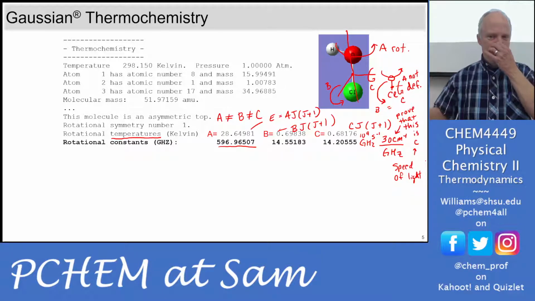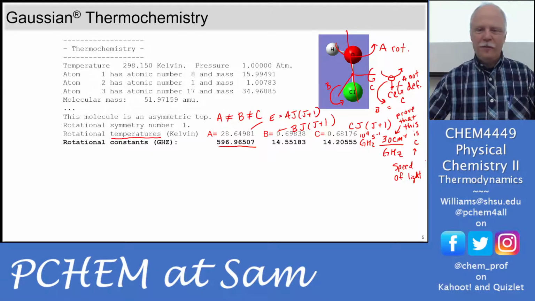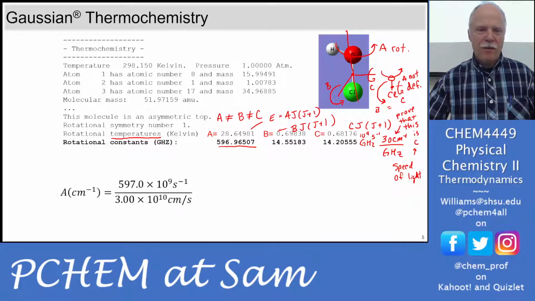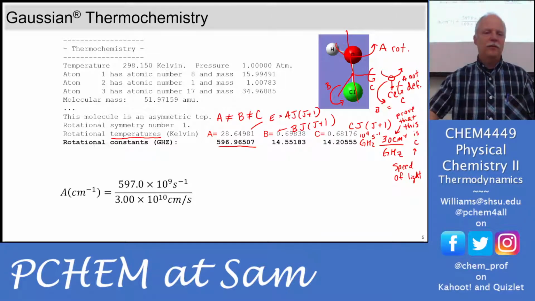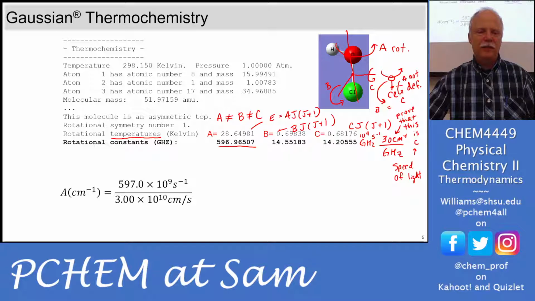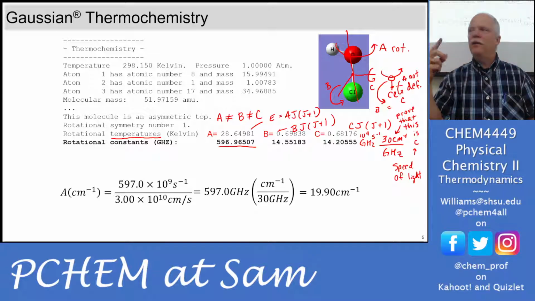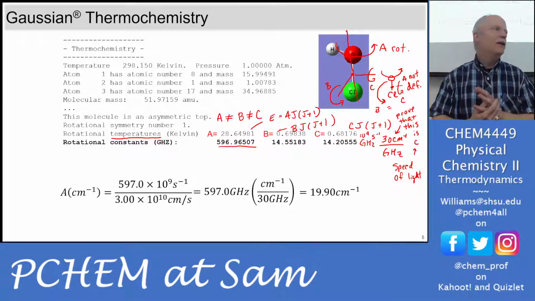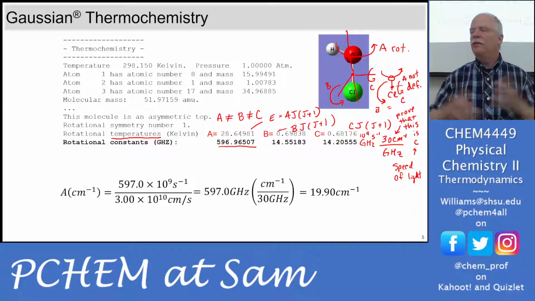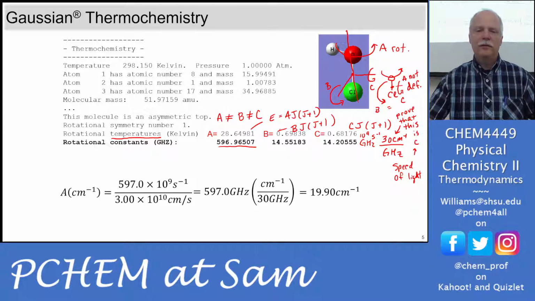So just have fun with that. So here for our largest rotational constant, we can convert that over, and it's 19.9 wave numbers. So we would be able to resolve that H spinning around this OCl in our infrared spectrometers.